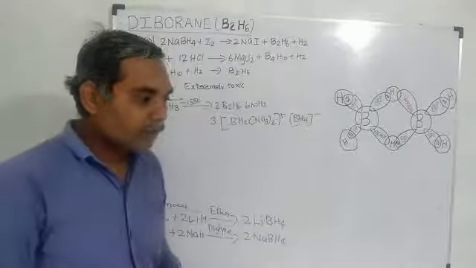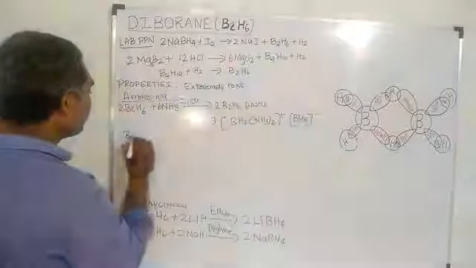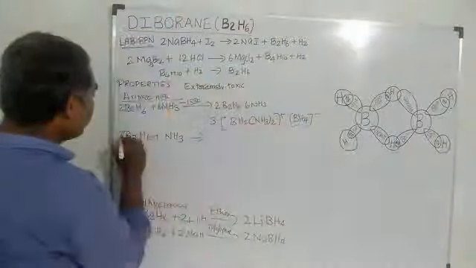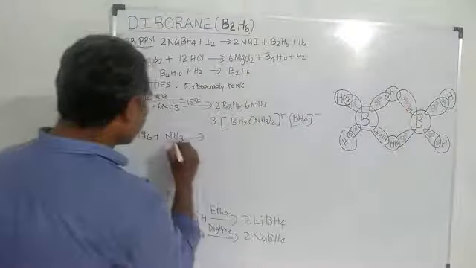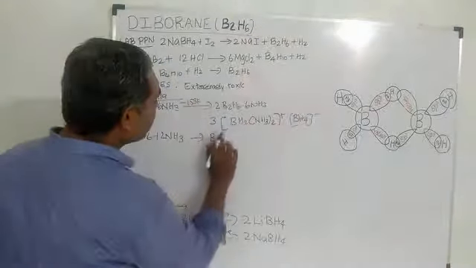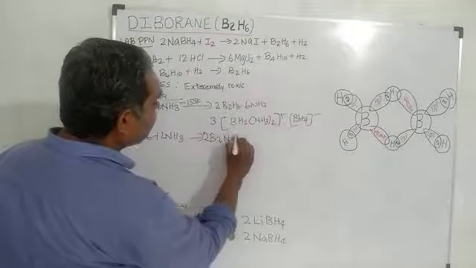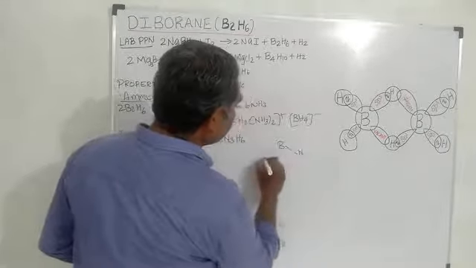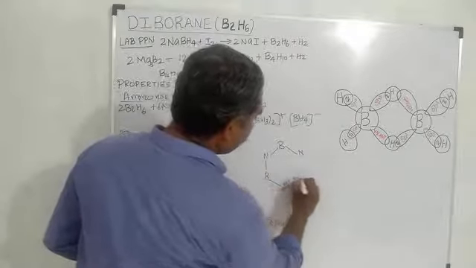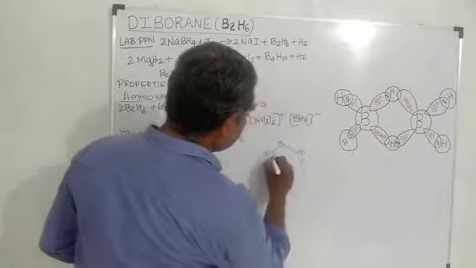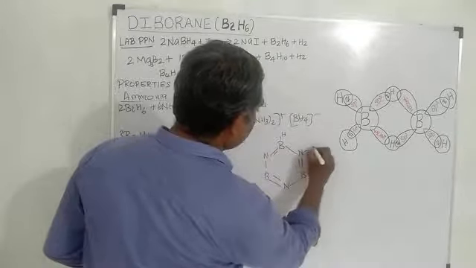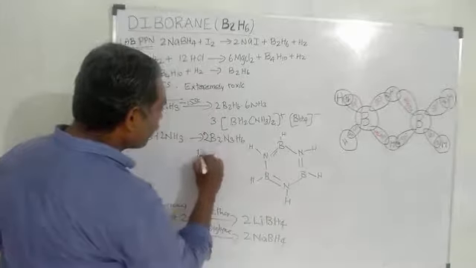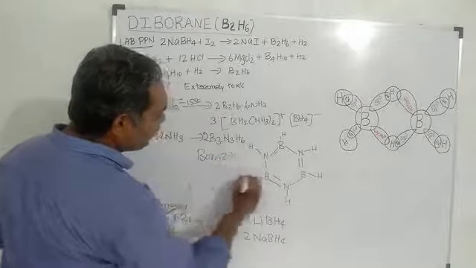Next reaction is B2H6 reacts with ammonia. 3B2H6 reacts with 6 moles of ammonia, and we will get 2 moles of B3N3H6. B3N3H6 can be written as a ring of alternating B and N. This is called borazine or borazole.